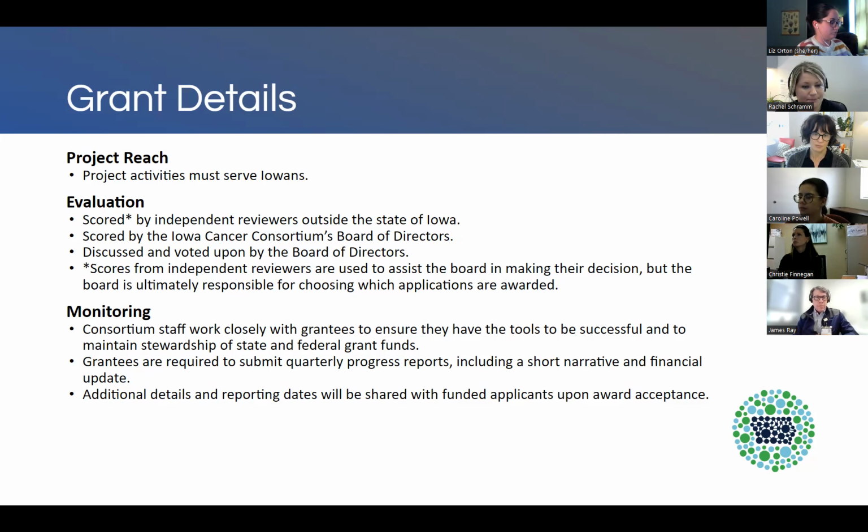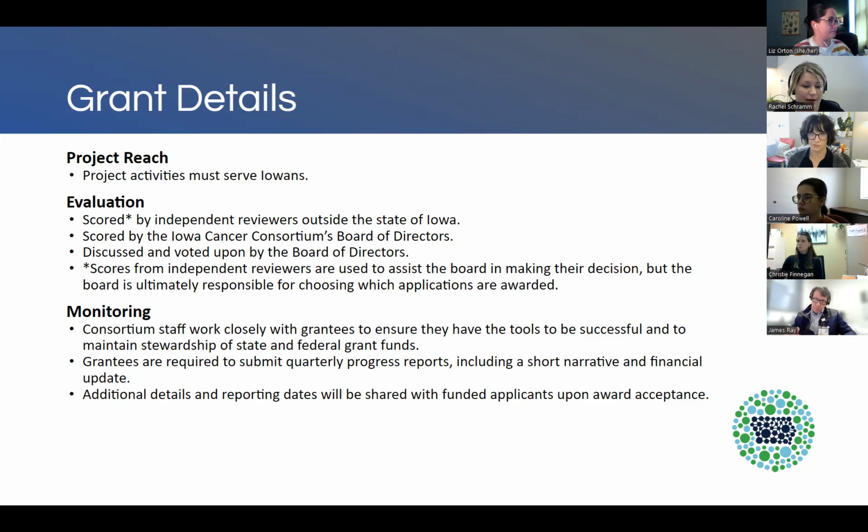And then, with the consortium, we want to be good stewards of grant funds, but we also know that communities know how the funding needs to be spent. So we try not to put too many roadblocks up with monitoring. But our staff do work closely with grantees just to ensure that they have the tools to be successful with those funds.